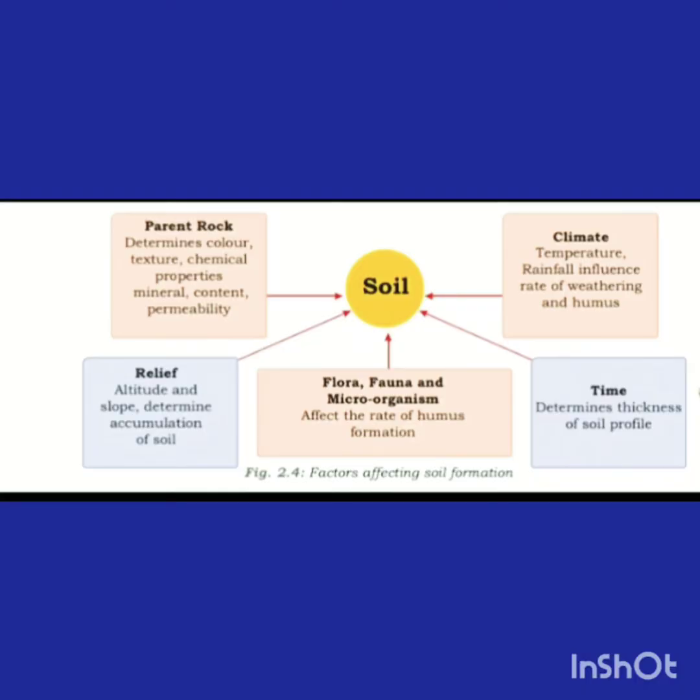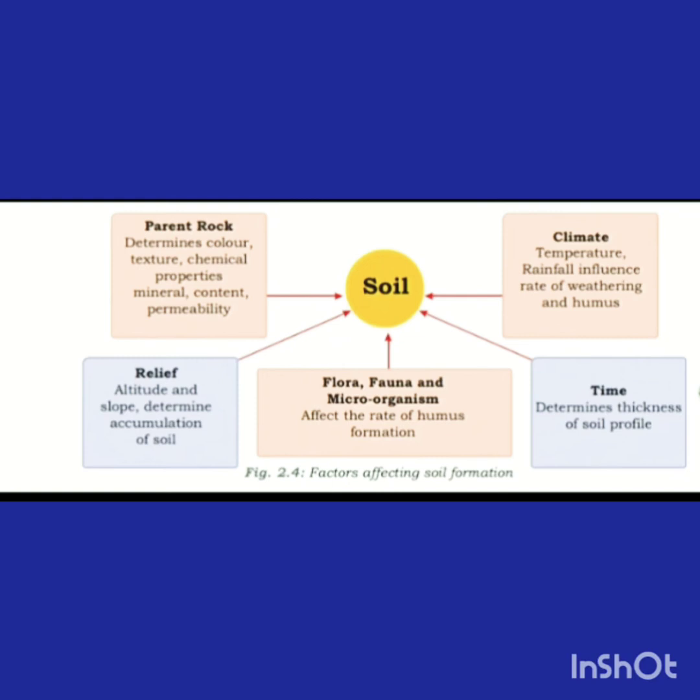But you have to remember these factors responsible for soil formation differ from place to place. Now let's see more in detail about the factors responsible for soil formation. First one is the parent rock. The parent rock determines the color, texture, chemical properties, mineral composition, content and permeability of the soil.